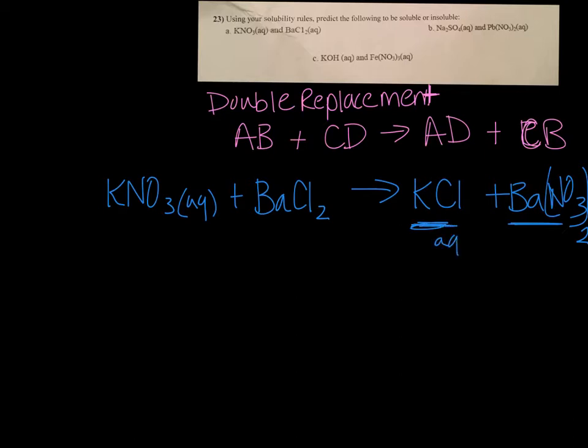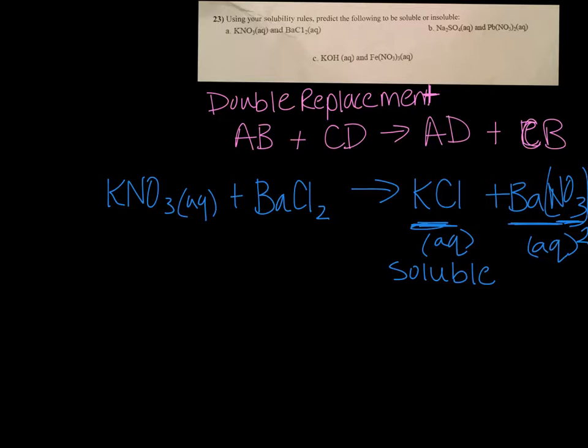This is definitely going to be an aqueous thing, so soluble, okay? Barium nitrate, we have nitrate. Nitrate is always going to be aqueous, so we're going to say aqueous for that one. So therefore, this produced soluble products, okay?